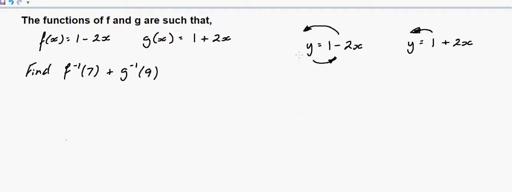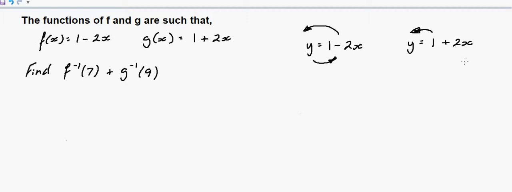So the f of x is 1 minus 2x, and the g of x is 1 plus 2x. Now all we need to do to find the inverse function is make x the subject.